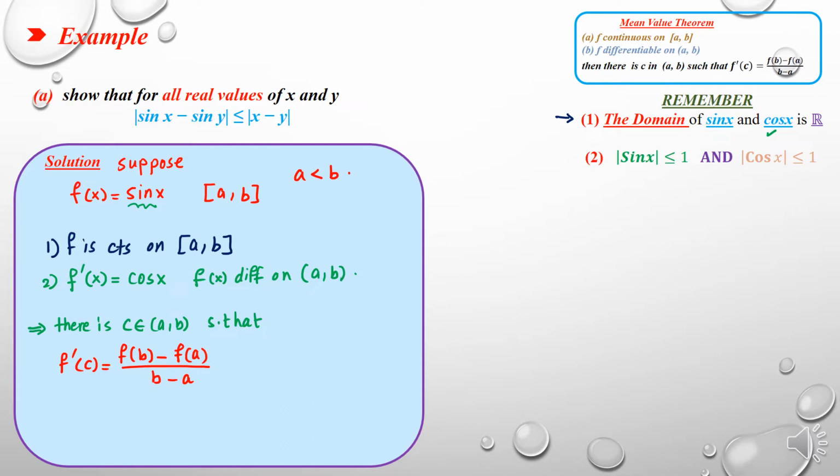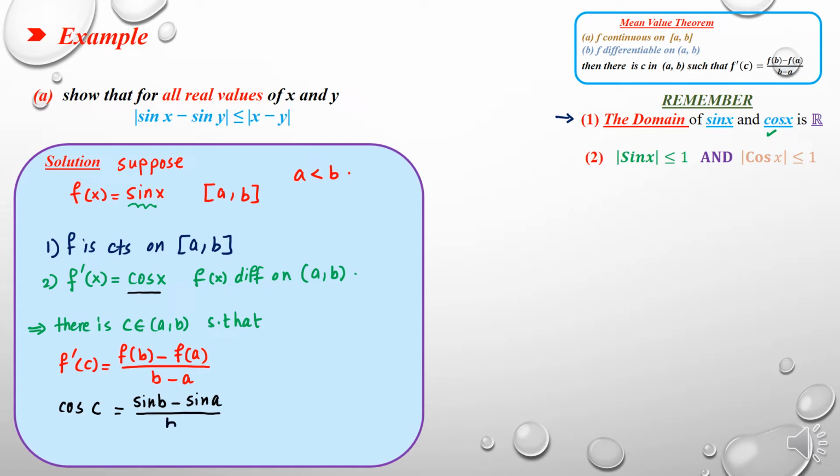Now f prime of c is given, and we found it before. It will be cosine c equals f of b minus f of a, which is sine b minus sine a, over b minus a.